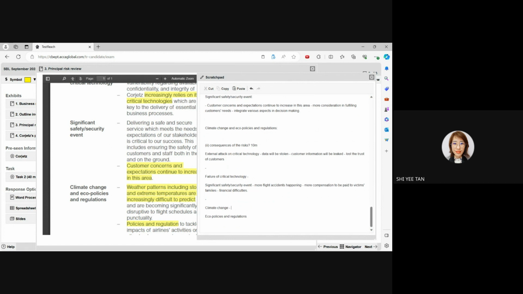Right. So how about climate change? Climate change is like you cannot predict the weather. So when you cannot predict the weather, what is the consequence?